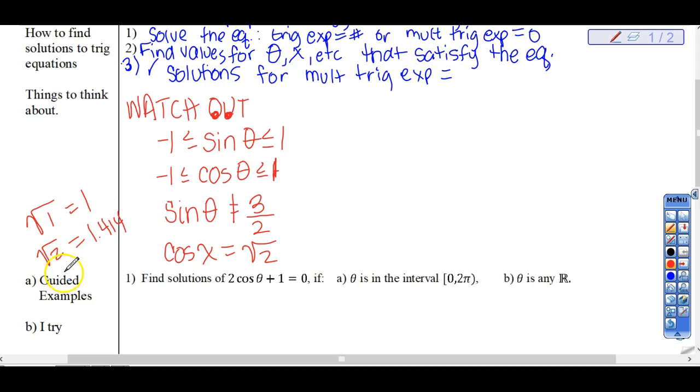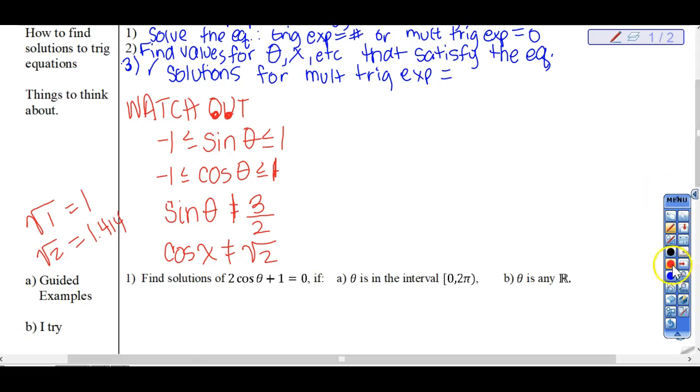Square root of 7, that's greater than 1. So just be on the lookout for that and make sure that you're staying within the confines of your sine and cosine function. Remember, they're waves, right? So your answers have to be within the trough of your wave and the peak of your wave.